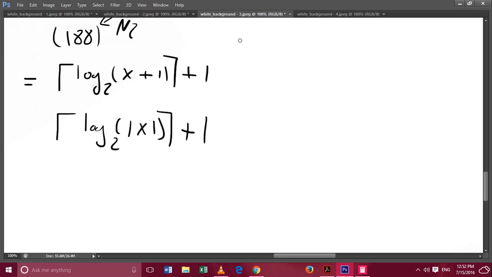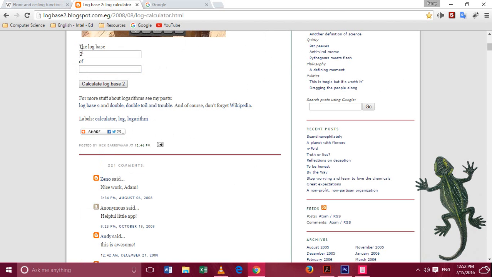Here's a question: what is the minimum number of bits required to represent 5 in 2's complement binary notation? Use this equation. That would be the ceiling of log base 2 of (x plus 1), where x is 5, so log base 2 of 6, plus 1. There are websites that can give you this value, or use your calculator.